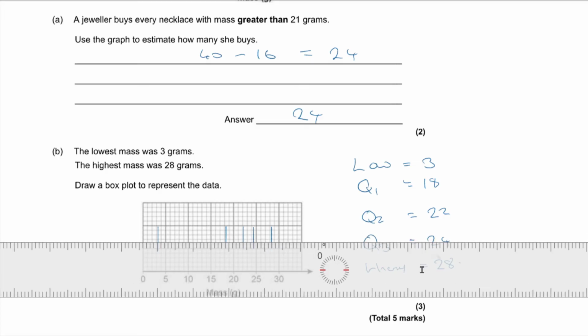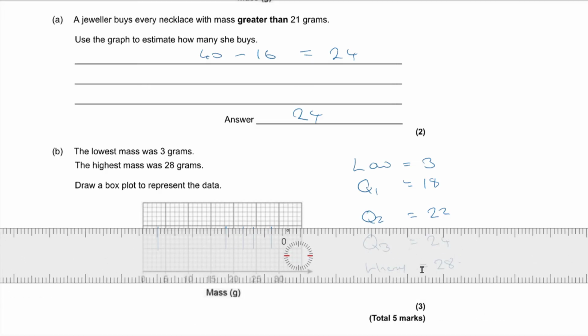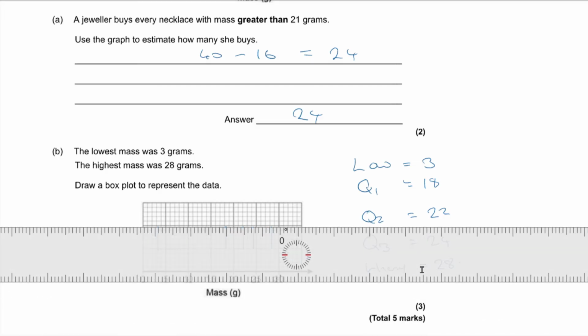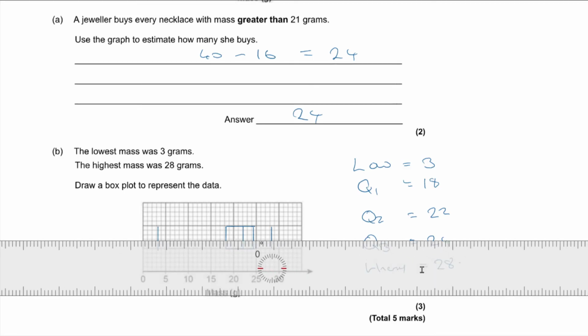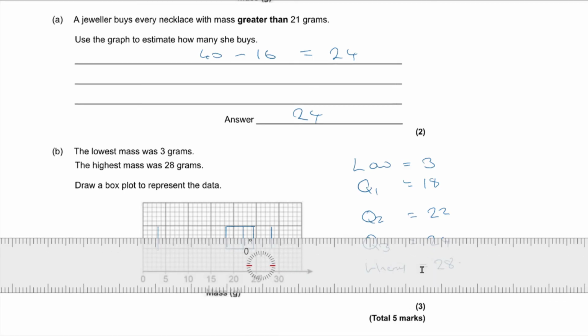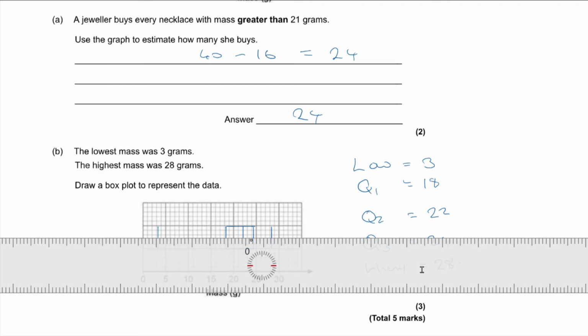Now you're going to have a box around Q1 up to Q3, where the word box plot comes from. So that's the box from the box plot. Now these diagrams, the proper name for them is box and whisker diagrams. And then the whiskers reach out from the box to your highest and lowest values.